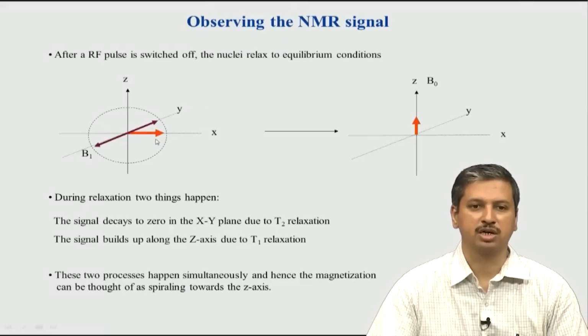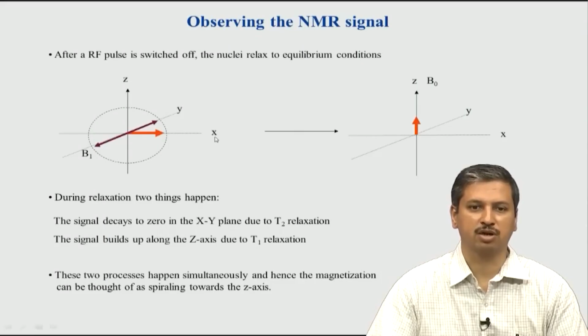A coherence is basically all of them having the same phase. But when you remove the B1, they have to go back to the original random phase. Remember the term random phase approximation which was introduced, and that says that when it goes back to the z axis, all the spins should be fanned out randomly, distributed along the z axis.